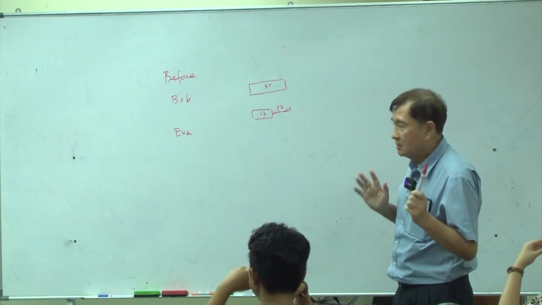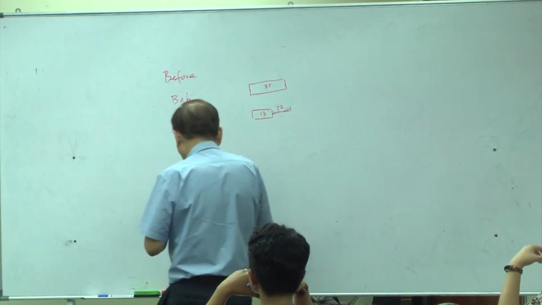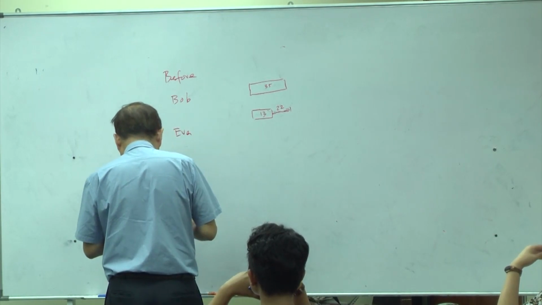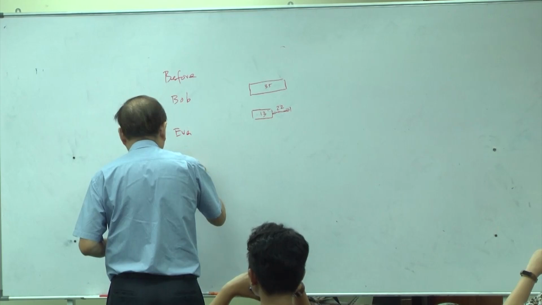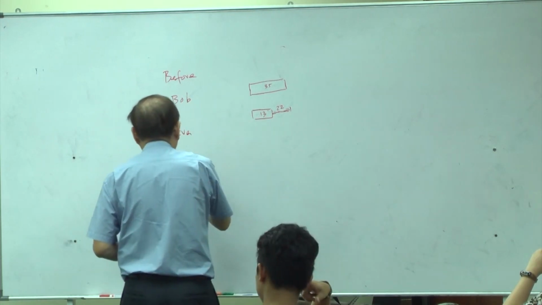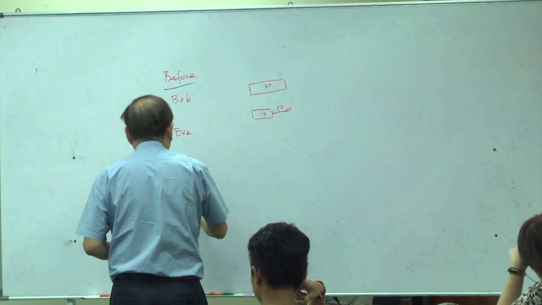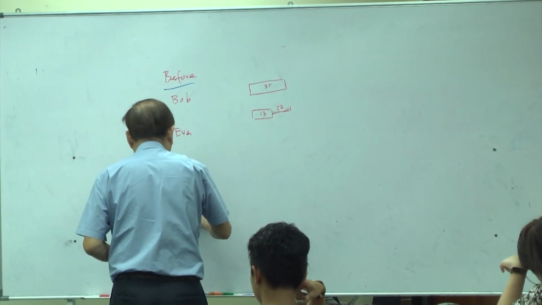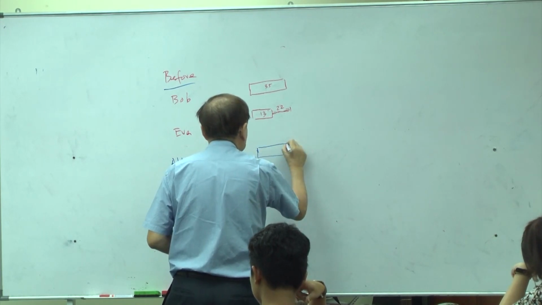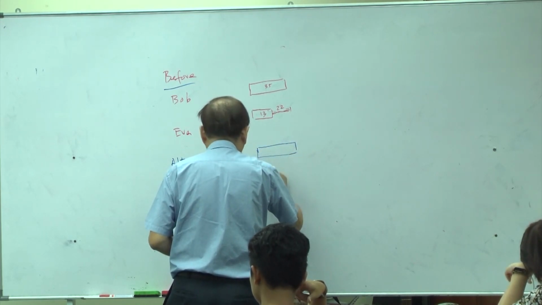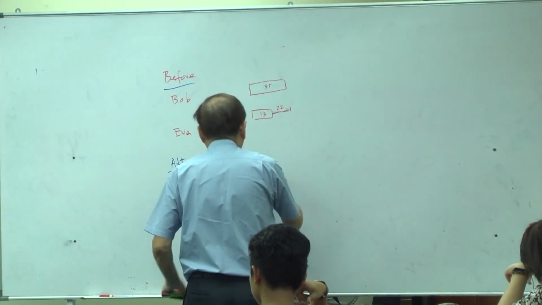Now, after many years, this is after. I draw the blue one. Now, let me copy down this one first, okay? This is before, this is after. Bob, Eva. I can draw the same one, by the way.